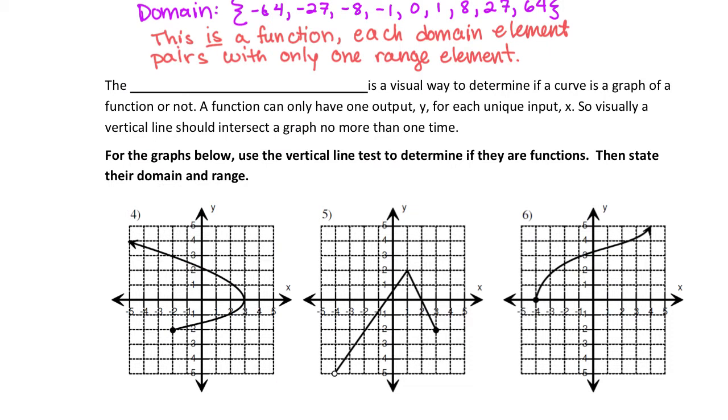The final way we need to determine whether something is a function or not is by looking at the graph of the values. When we talk about domain and range, a function can only have one output. That's your y value for each unique input. So y values are your range and x values are your domain.